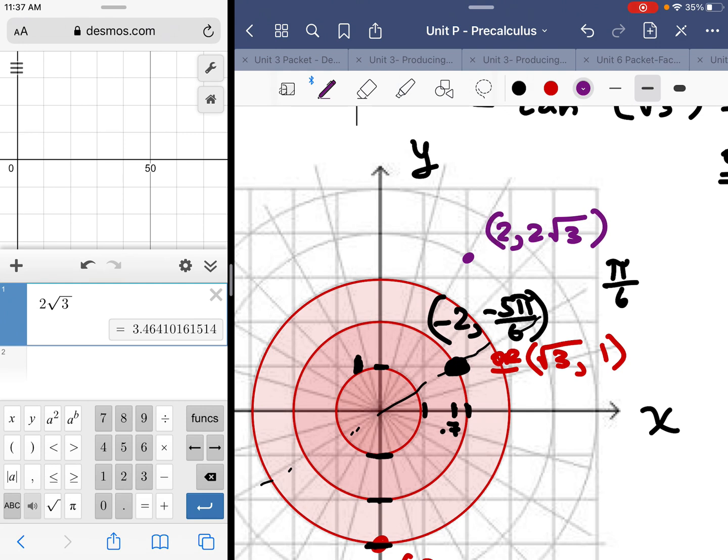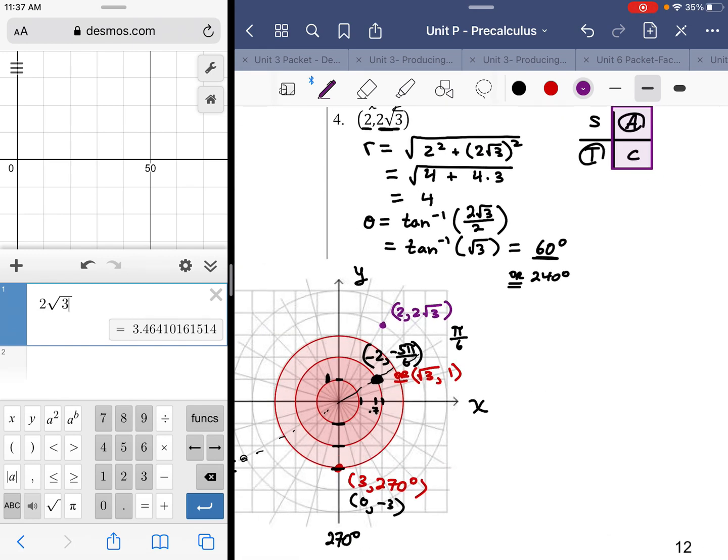So that would be 2 comma 2 radical 3. We know based off of just plotting that rectangular coordinate that we're living in the first quadrant. Because we're in the first quadrant and I have a choice between these two angles, 60 or 240, it must be the 60, right? So then I can now conclude that my final answer is 4 steps in the direction of 60 degrees.